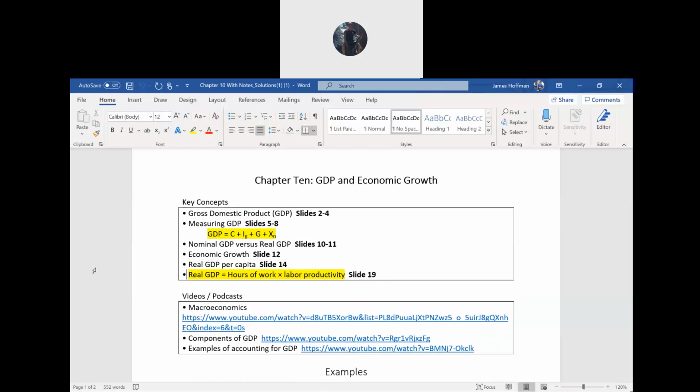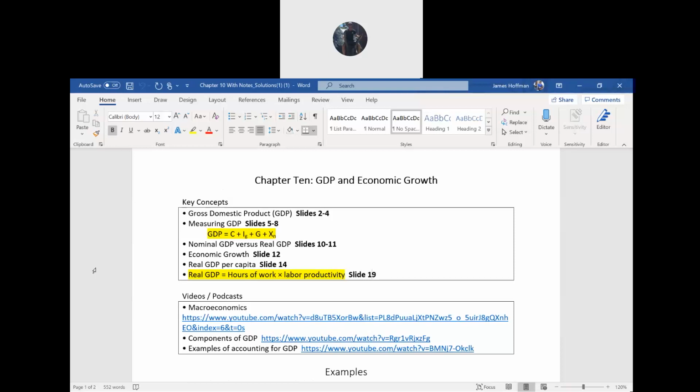You can also estimate GDP if you take the total labor hours worked in the US over a certain period of time and multiply that by the productivity, which is output dollars per hour. That'll give you another estimate of GDP.